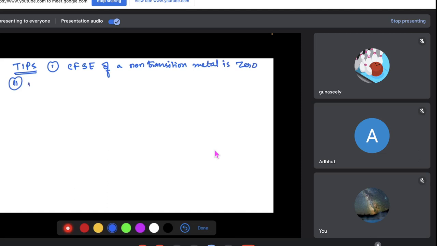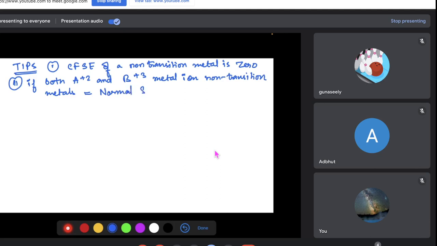And number two, if both A plus 2 and B plus 3 metal ions are non-transition metals, then they belong to normal spinel. Okay.